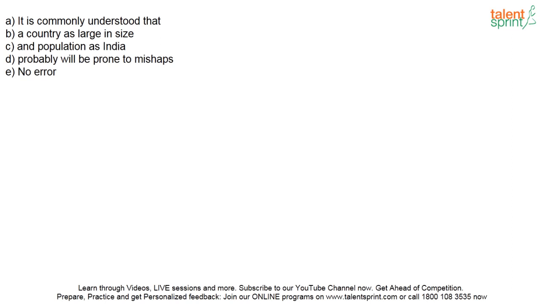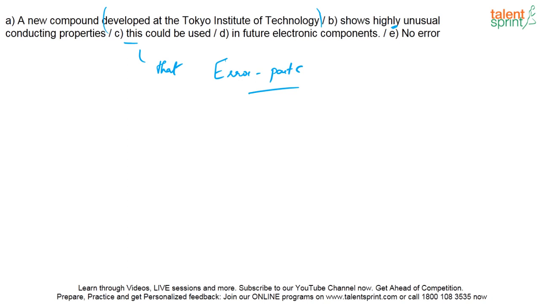A good question, Perambudur. Let's address Perambudur's question, and Harpreet's question as well. Of all the things about this new compound, the only thing that's specifically mentioned in the context, saying it can be used in future electronic components, is the highly unusual conducting properties.